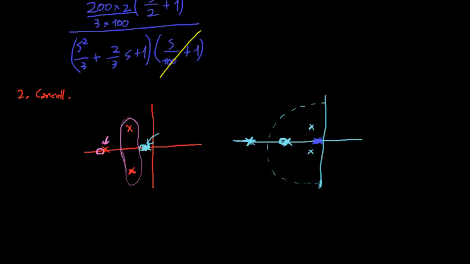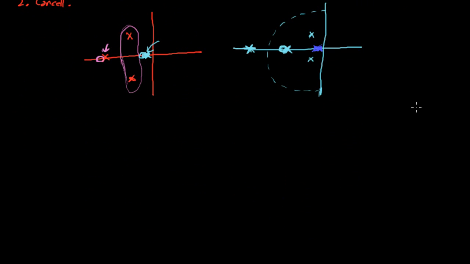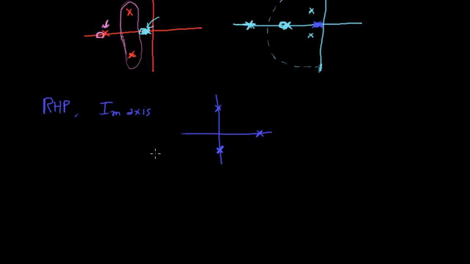And now let me finish with a very big warning: do not ever cancel elements in the right half plane or the imaginary axis. You cannot cancel these poles. And the reason for that is that you never really get to know the exact position of a pole or a zero in a system.